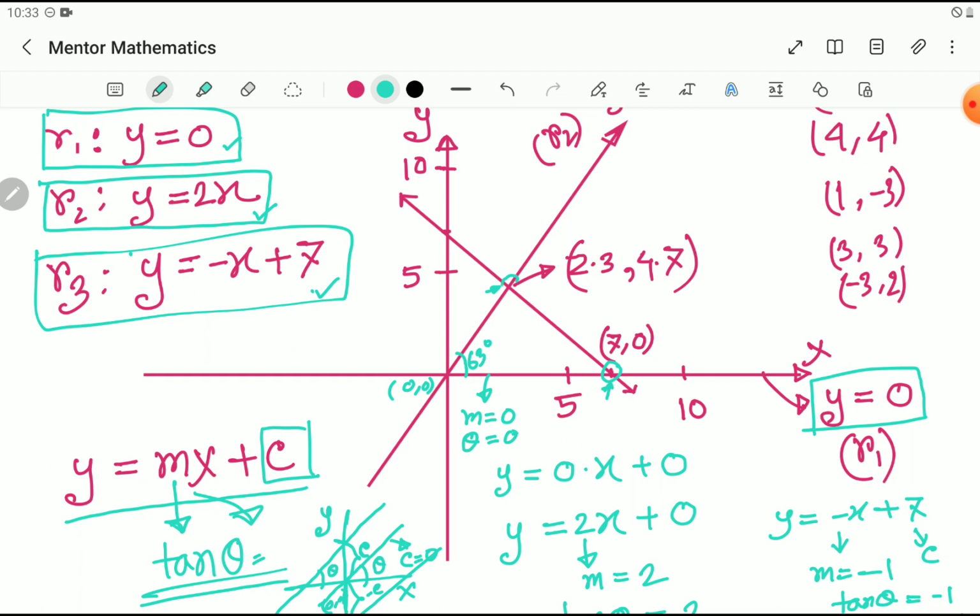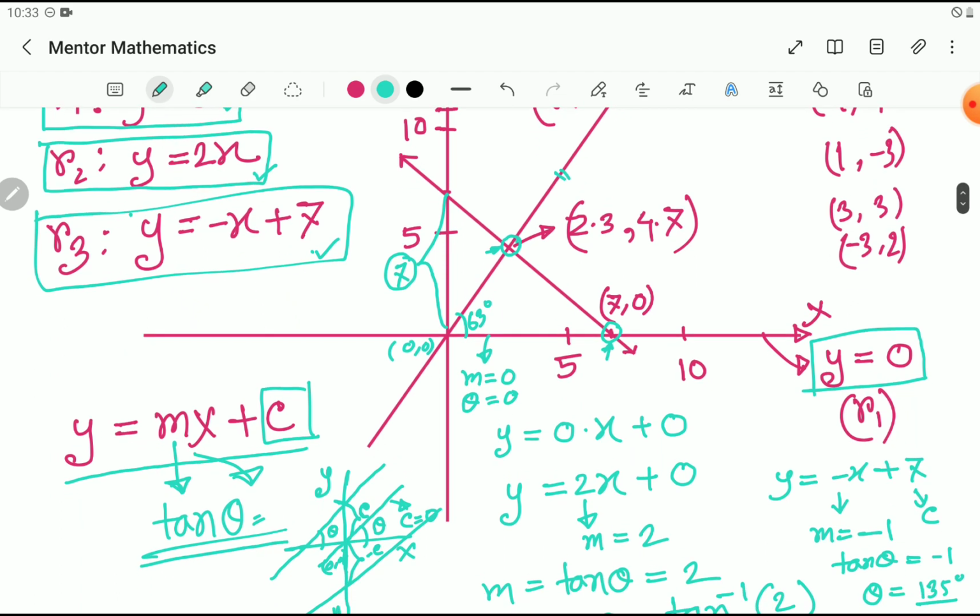This point we do not need, because we already know the intercept, the value of c for this case is 7 and it's positive. Therefore, the intercept would be on the positive side of the y-axis. So it automatically intersects this line at a point that we don't need to find out, but for doing this math we need to find it in a different way.